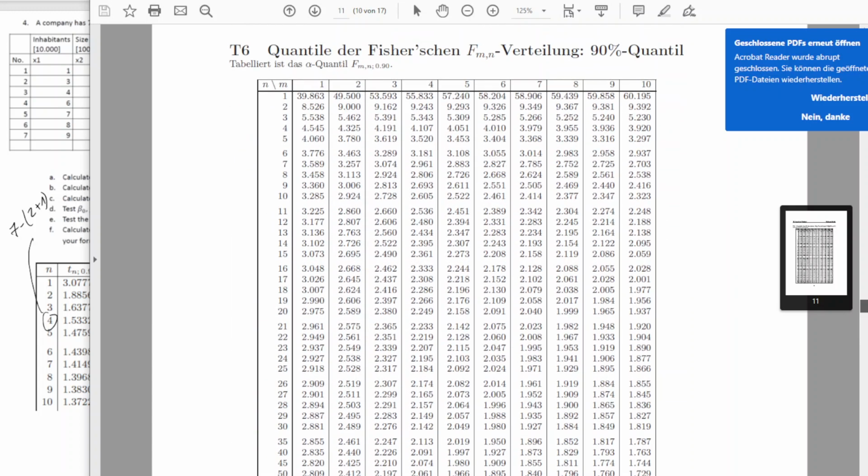Hopefully I have the 90 also here. So we need the 90% table, and we have our two parameters, k and n minus (k plus 1). So 4 and 2 are my parameters.